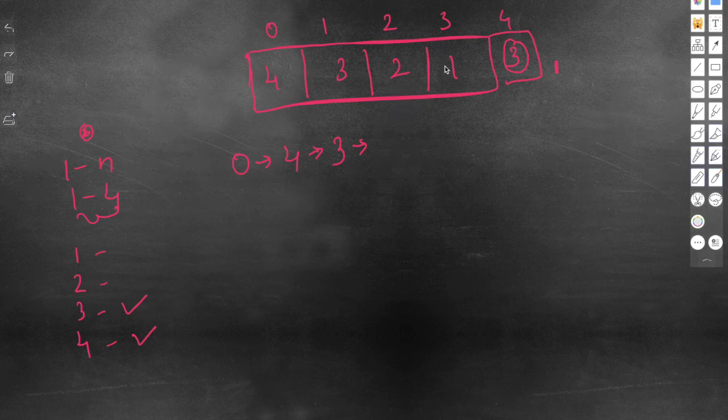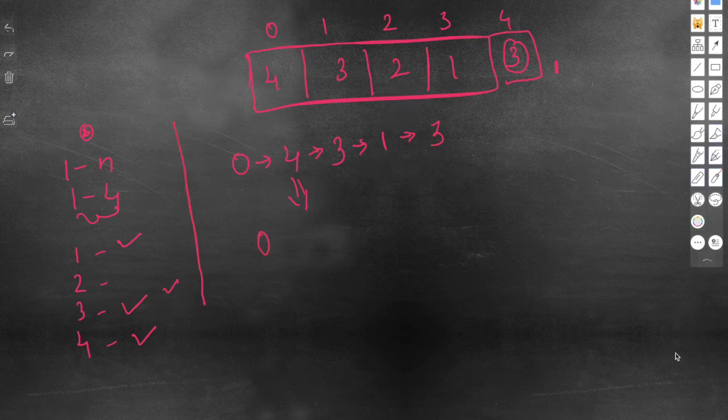That is 1. So I will mark that I have visited 1, and the next index I'm going to traverse is 1. I went to index 1 and saw that the value is 3. That means I have to mark 3 as visited, but it is already marked. That means 3 is the number that is duplicated.